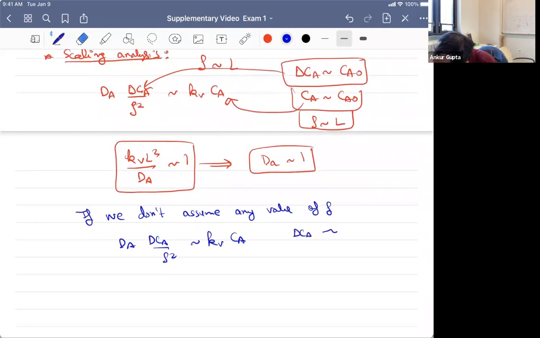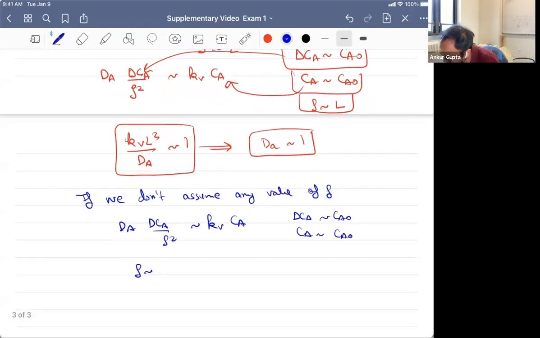Delta Ca is Ca naught, and what you will get, you can verify this, is that delta is L by square root of kV L square by dA, or you will get that delta is L times Damkohler number to the power minus half.